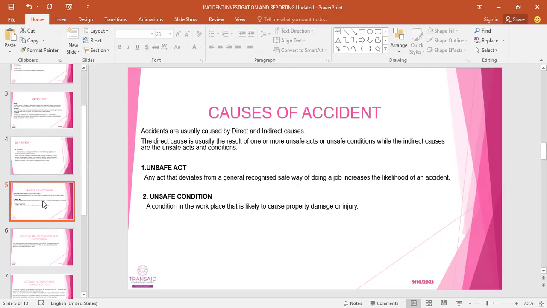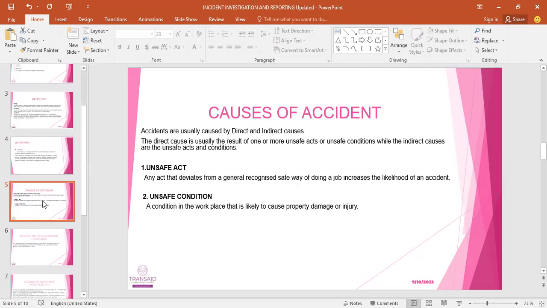Now, the unsafe act there would be if somebody was running on a walkway where they should have been walking, and then trips and falls because they were running. That is an unsafe act. So the direct cause of such accidents is falling, but the indirect causes are either unsafe acts or unsafe conditions.